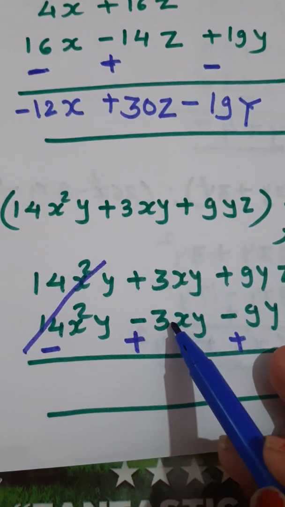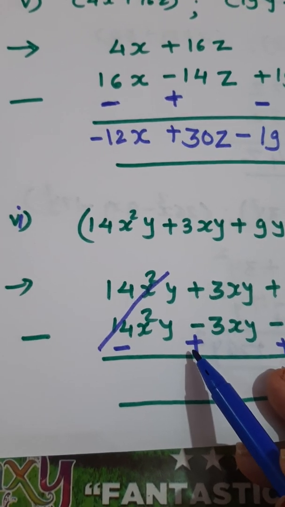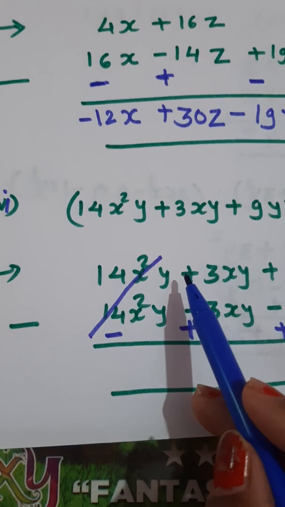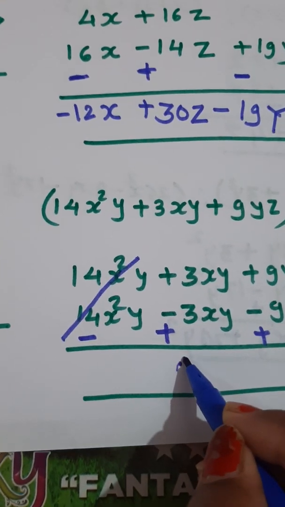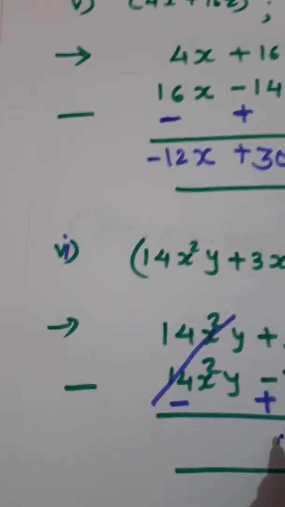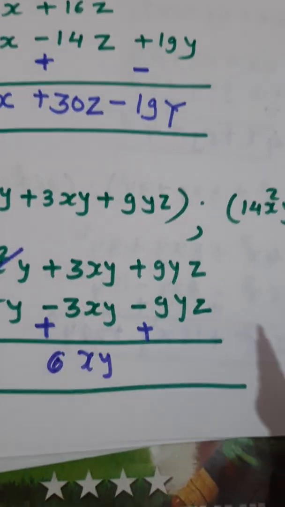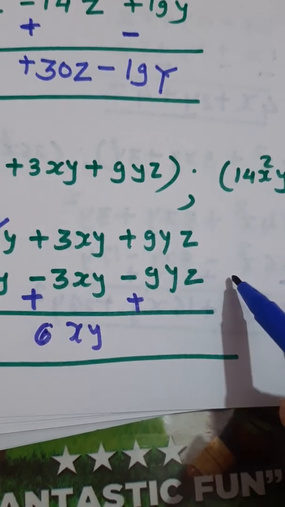3xy plus 3xy. First it is negative. After that it becomes positive according to the rule of subtraction. So plus 3xy plus 3xy, 6xy. Plus 9yz plus 9yz.